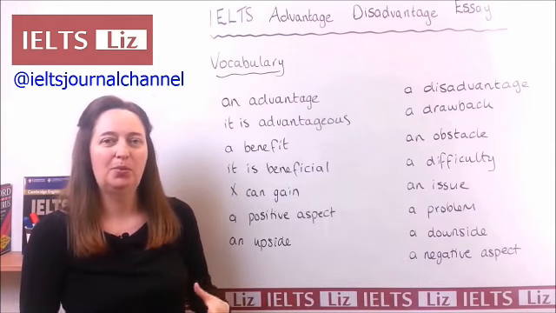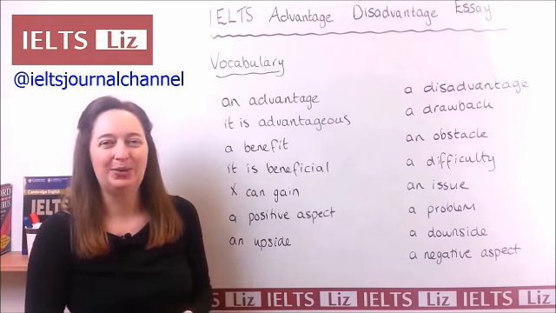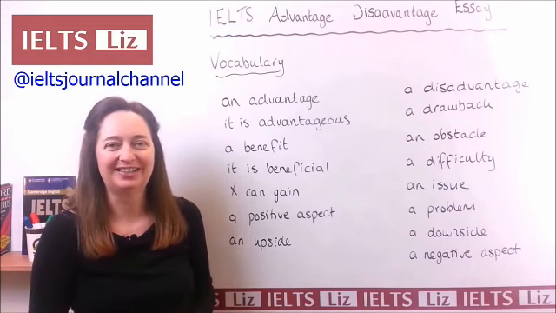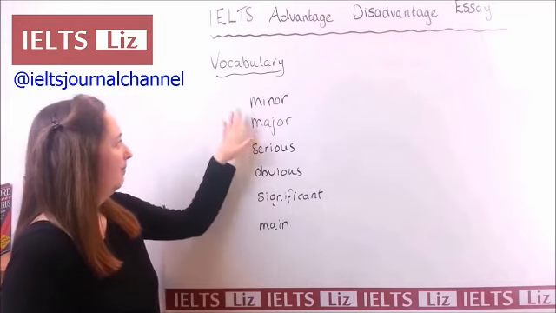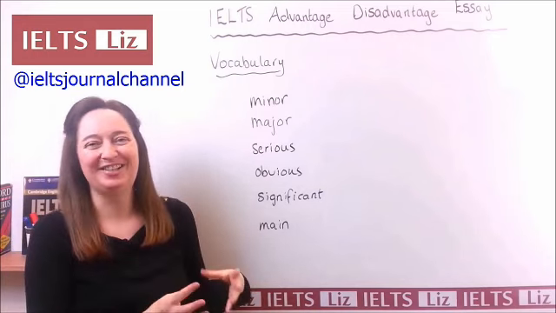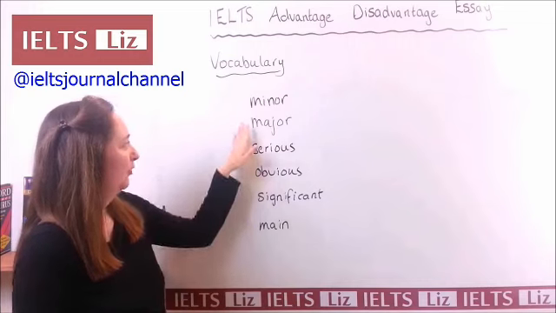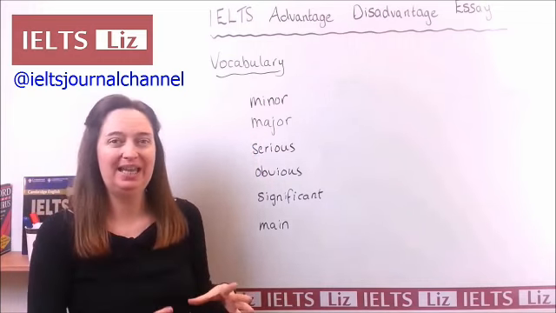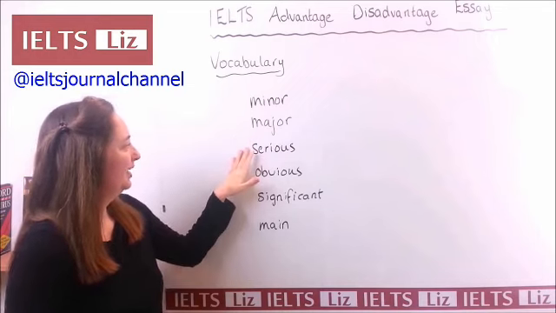Let me give you a few more words now to be more expressive when talking about advantages and disadvantages. We can also use these words when we're writing. Minor and major. So if you're talking about a small disadvantage, then you can talk about a minor disadvantage. Or if you're talking about a very serious, a very big advantage, you can talk about a major advantage.